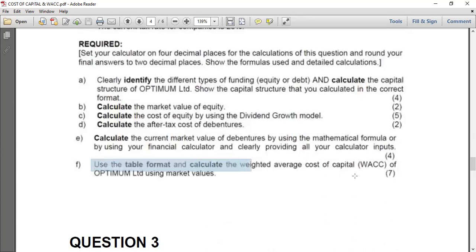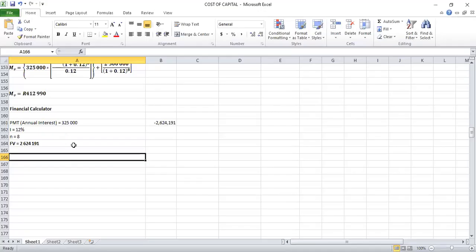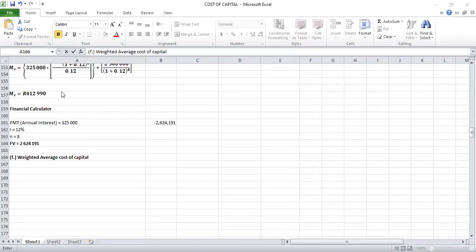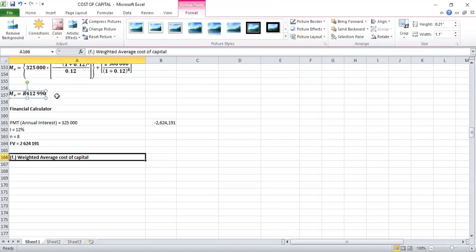Then the last question says, use the table formula to calculate the weighted average cost of capital. Right, to calculate our weighted average cost of capital, let me just remove this.